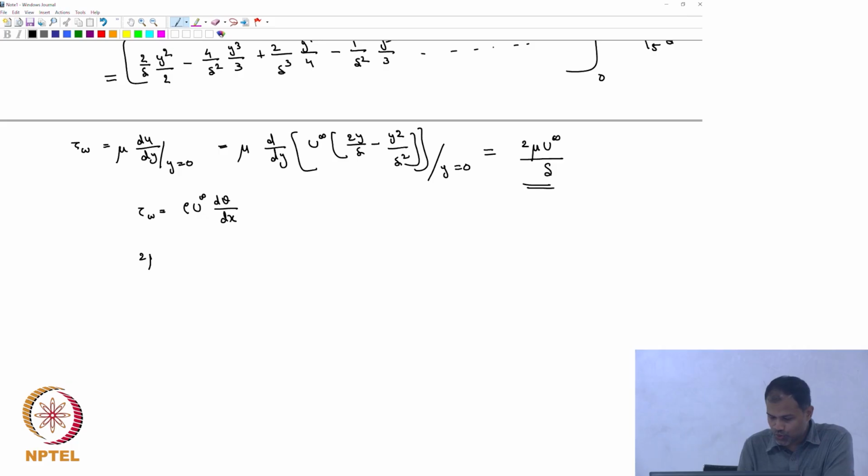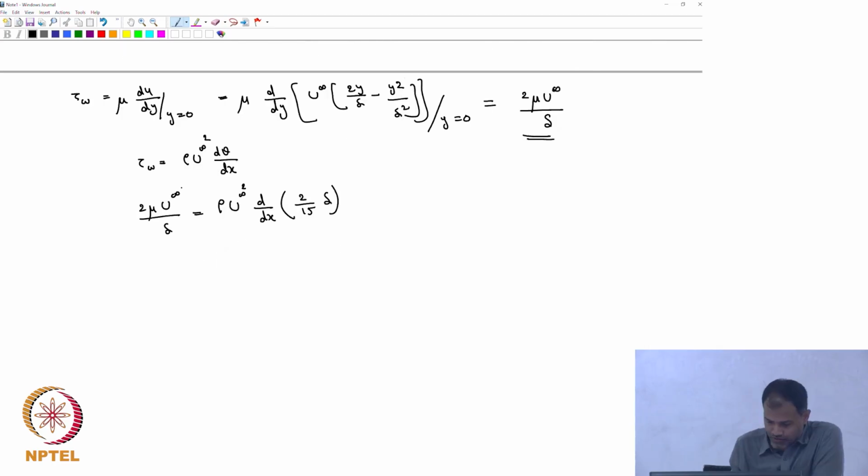That means 2 mu u infinity divided by delta is equal to rho u infinity d by dx of 2 by 15 delta. So one of them will go away. This is equal to 2 by 15 rho u d delta by dx. Remember, delta is the boundary layer thickness and it changes with x. Therefore, 2 will go.